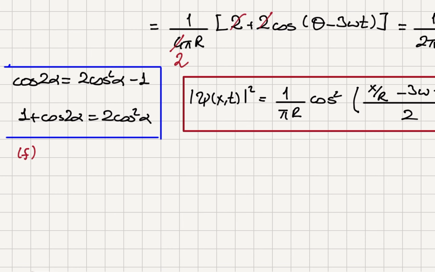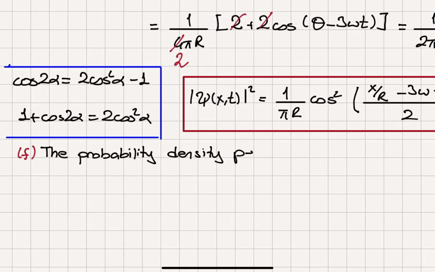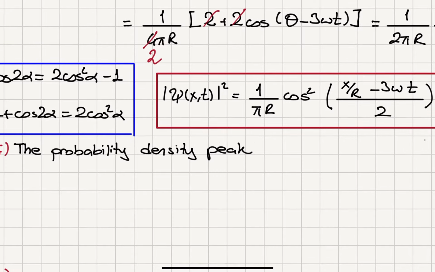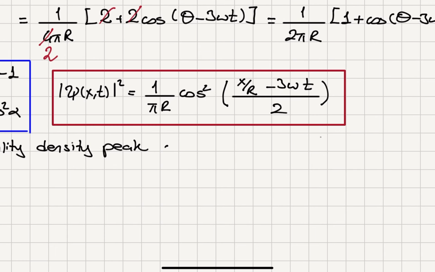The probability density peak, that's the maximum point, occurs when the absolute value of psi of x and t squared is a maximum.